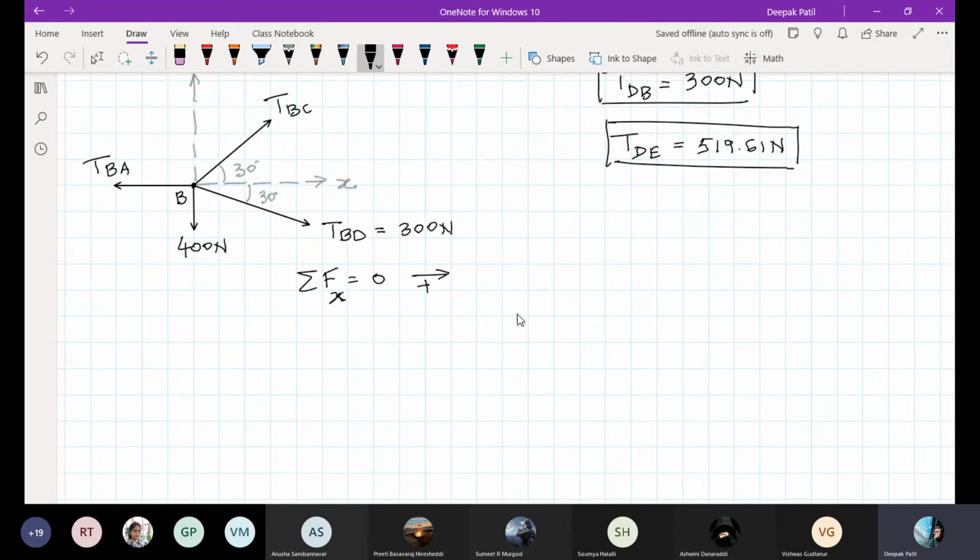Then it means that I have to take the component of all the forces in x direction, add them, then equate them to 0. But here you can see this is an inclined force, so I need to find the component of that. The component of that will be in this direction.